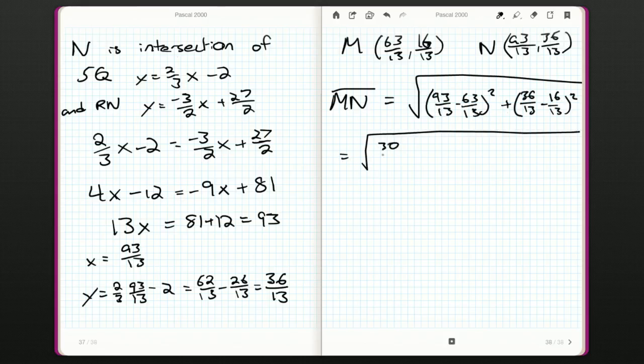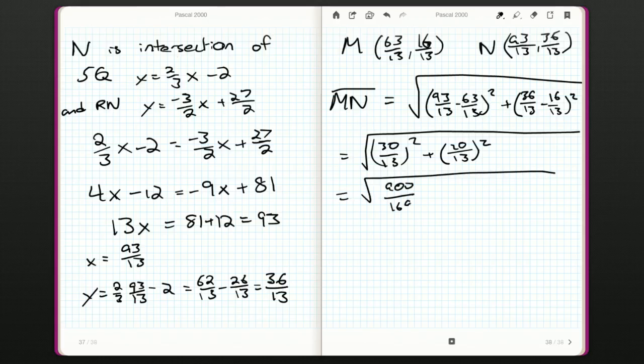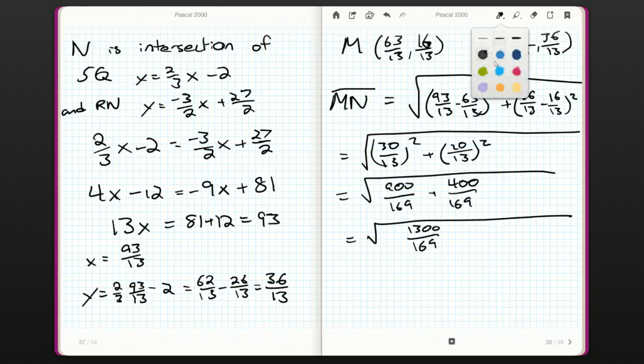So we're going to get 30 over 13 all squared plus 20 over 13 all squared. So it's 900 over 169. You can do that with your calculator if you need to. Plus 400 over 169. So 1300 over 169. Well, there's a 13 up here and there's a 13 down here, so they cancel out.